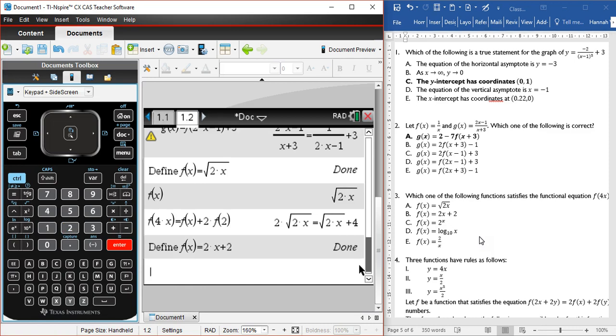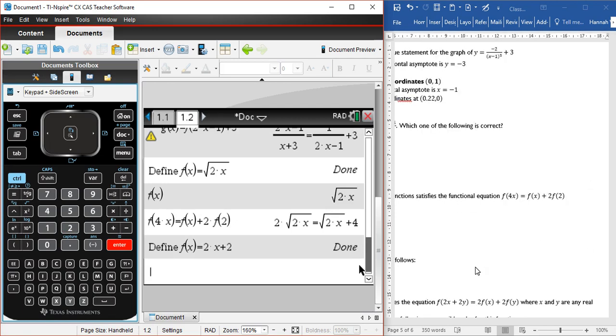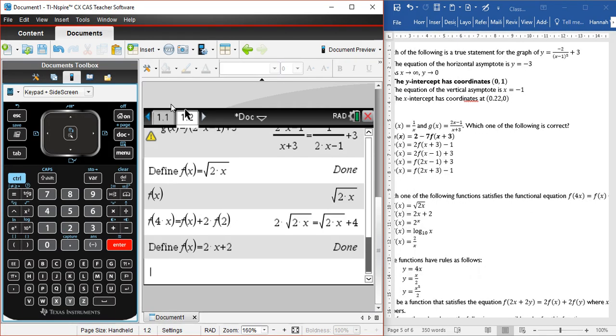So that's b. Another thing you can do, which is very handy, instead of rewriting this entire equation again, is simply use the up arrow. Look at the CAS, the black part. See how that is highlighted as you go up, and then that's highlighted, and that is highlighted.